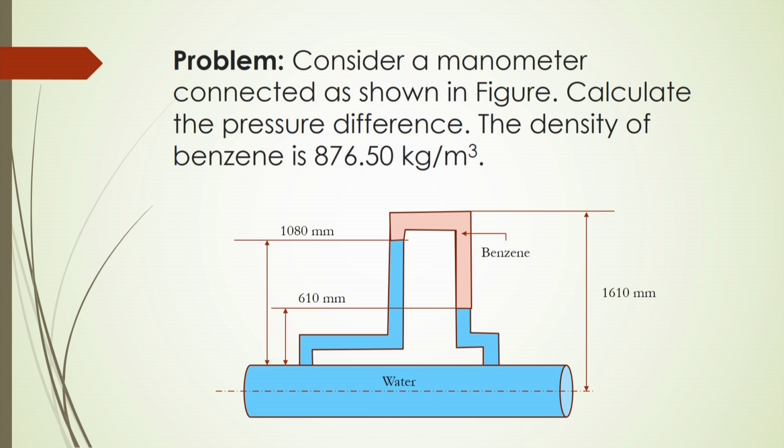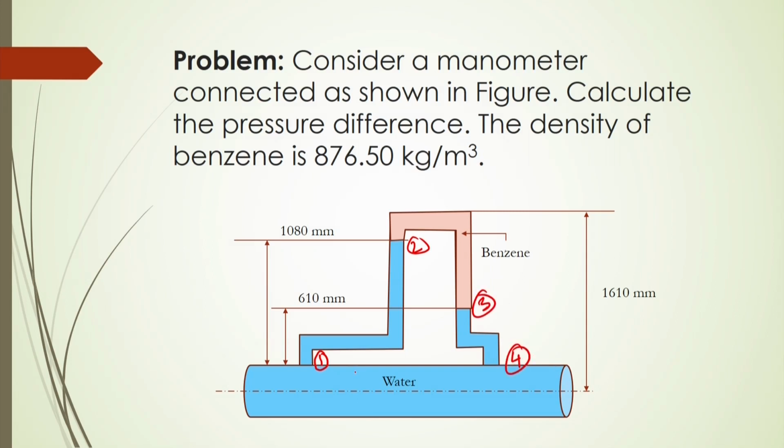Now, another example: suppose more than one liquid is used in the U-tube manometer. How do you calculate the pressure difference? Exactly the same way. Mark the points 1, 2, 3, and 4.